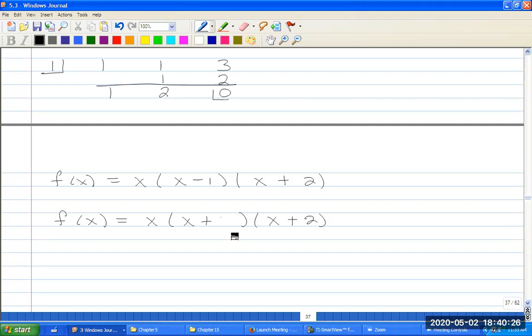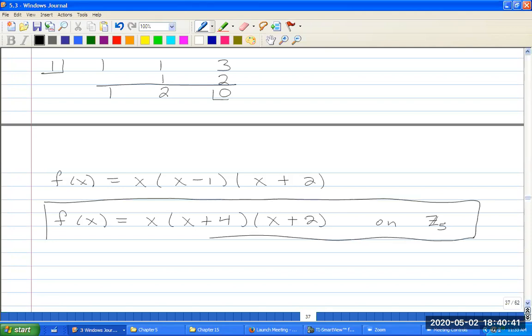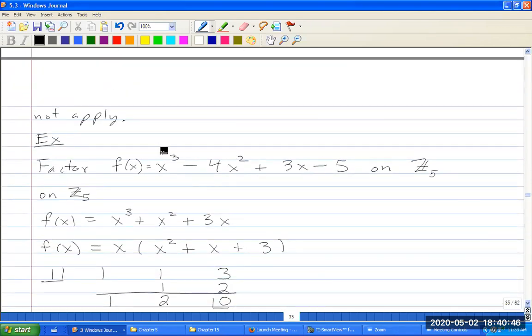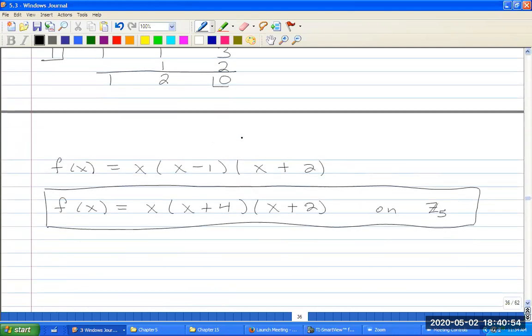And so I have factored my polynomial on Z5. So x cubed minus 4x squared plus 3x minus 5 factors into x times x plus 4 times x plus 2. And that is your answer on Z5.